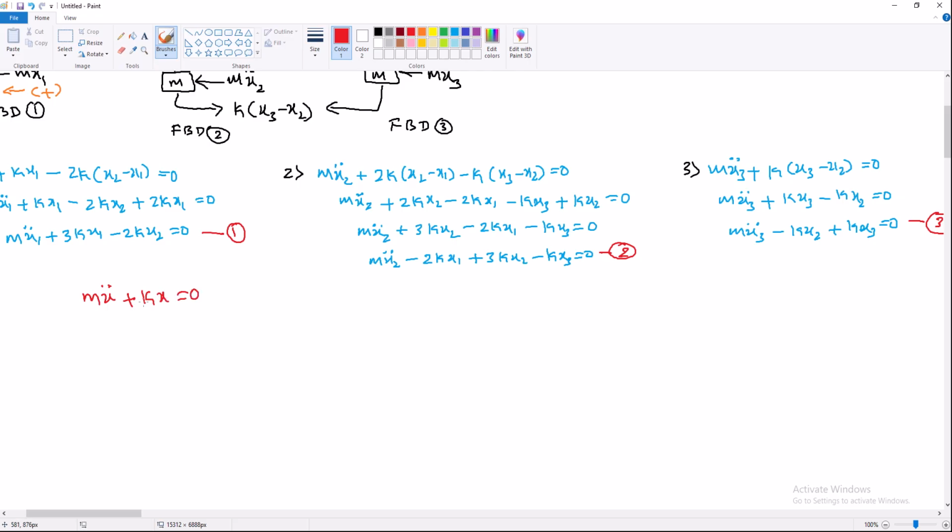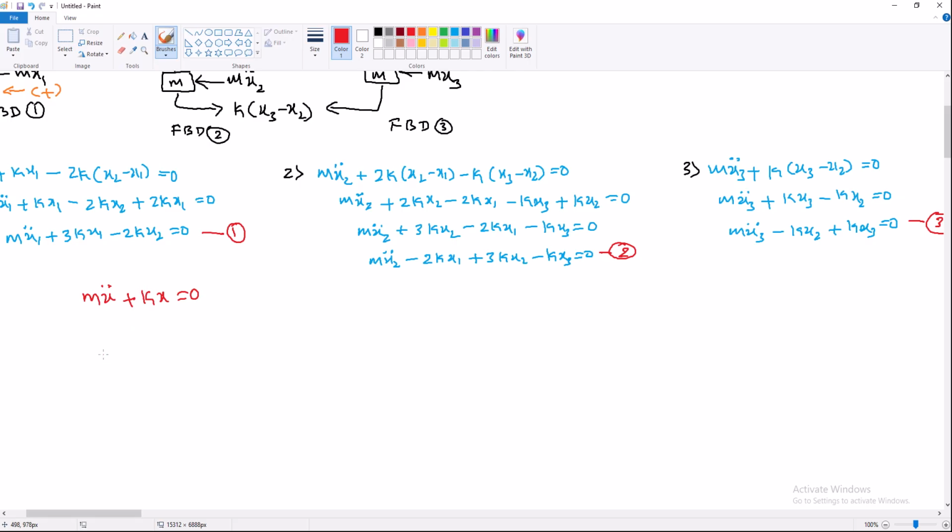We do not have any damping here; the undamped condition is considered. So C x dot will not be there. C value is 0, so C x dot will be 0 here.